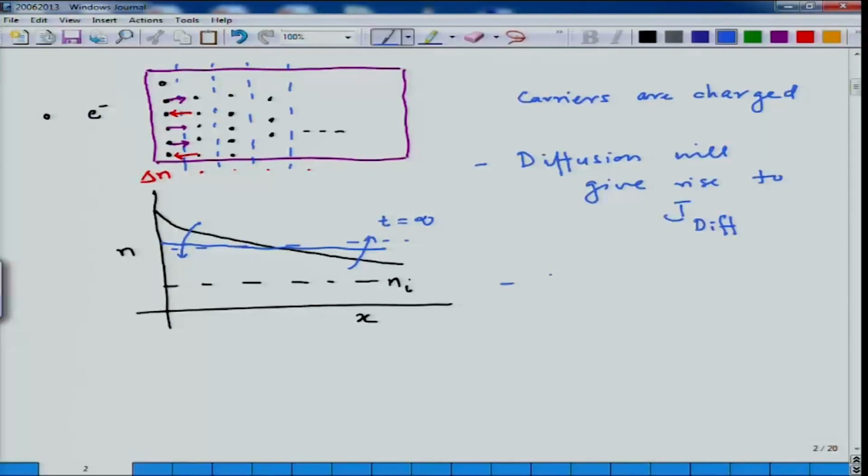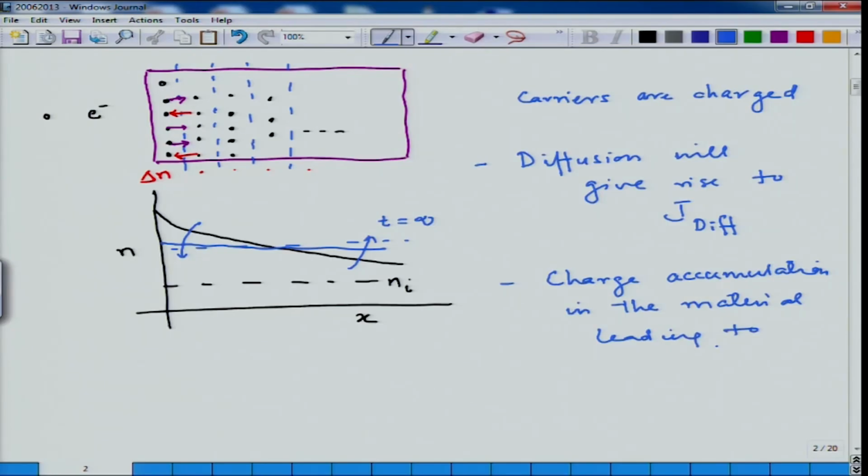So, the two go hand in hand. Whenever you have diffusion taking place, you will have some charge accumulation in the material, leading to an electric field inside the material.